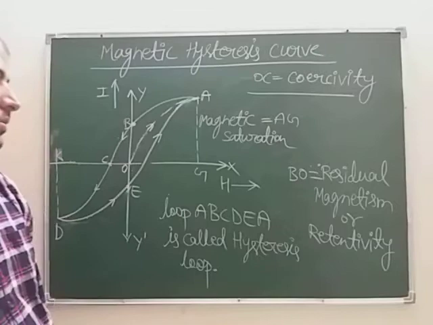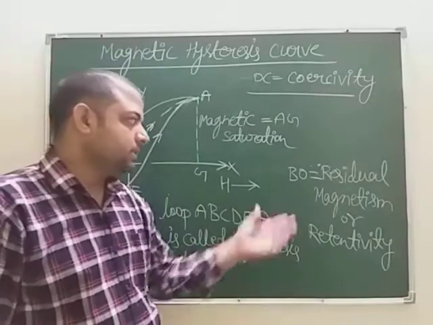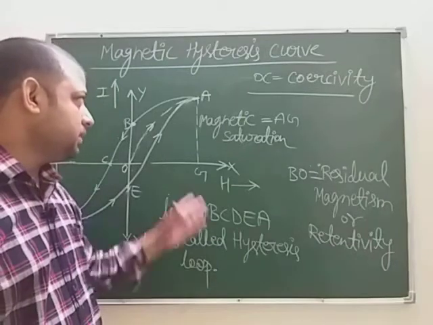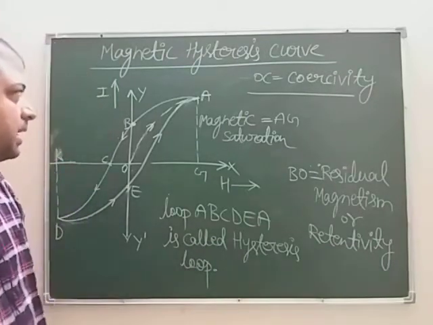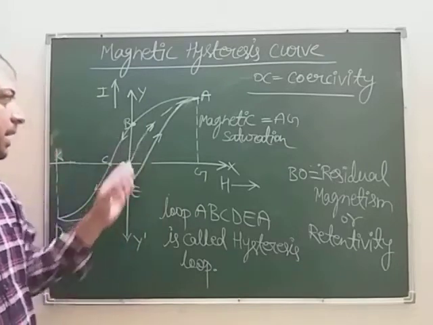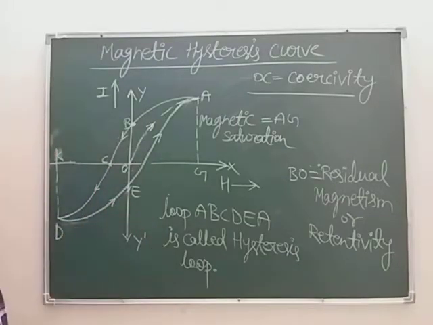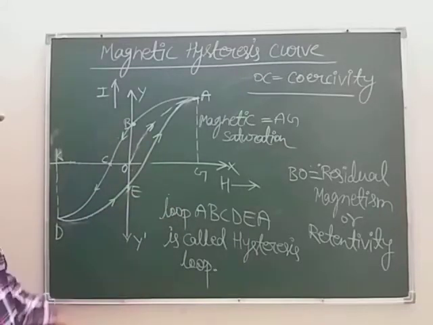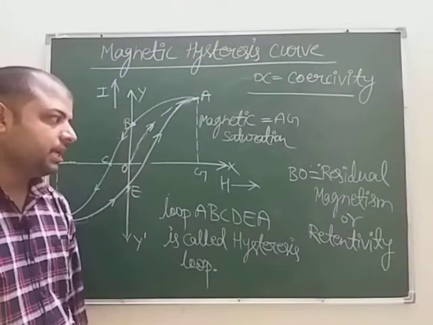Okay, so now I think you have understood all the definitions and terms that we have used in this graph, and you have also observed why we make this graph like this, because of these points: coercivity, residual magnetism. So make this graph and write the definitions.